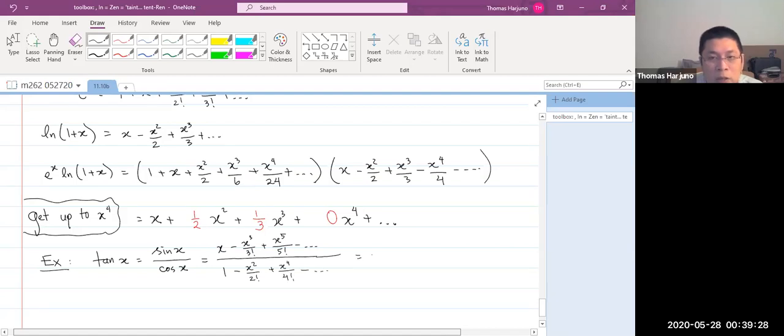Let me make it nicer. This is x minus x cubed over 6 plus x to the 5th over 120 and on, over 1 minus x squared over 2 plus x to the 4th over 24 and on.